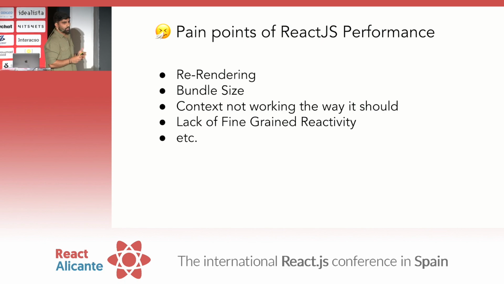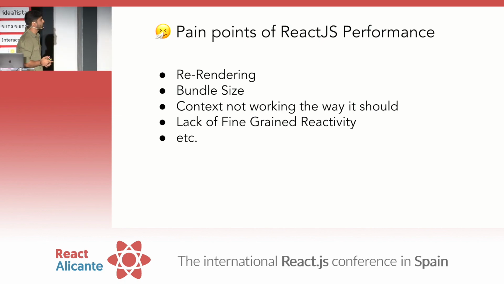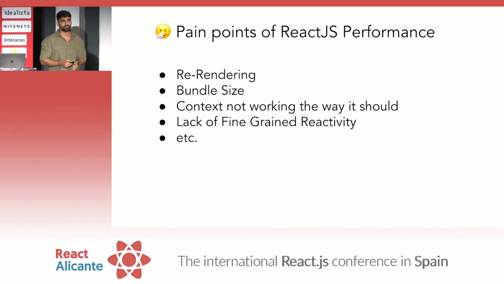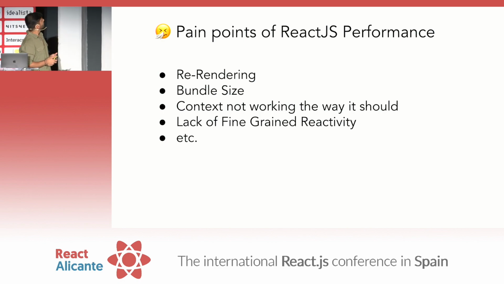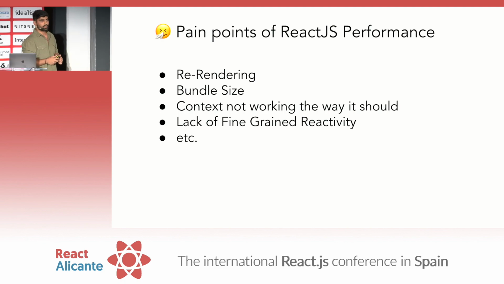So everyone knows here that React.js has some performance issues. The first one is re-rendering. By default, whenever any state change or prop change happens, React components get reloaded. And it can sometimes get really awkward to deal with that. Second one is the bundle size.